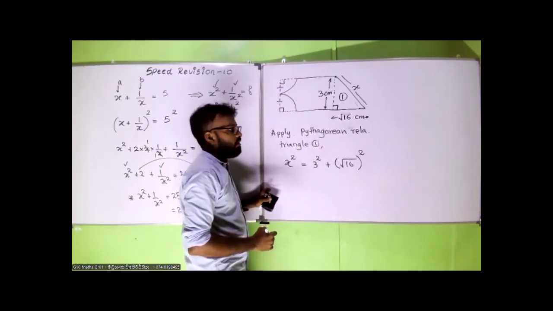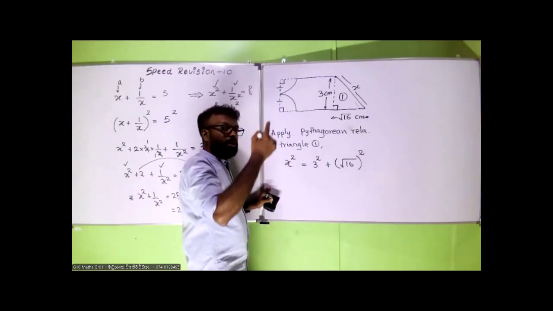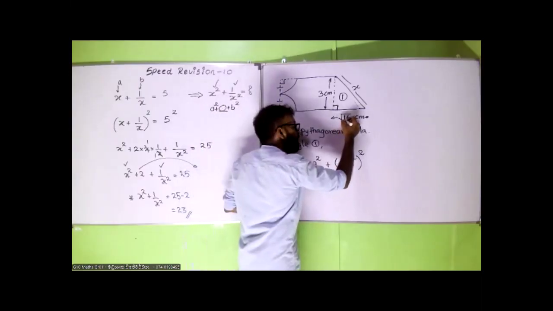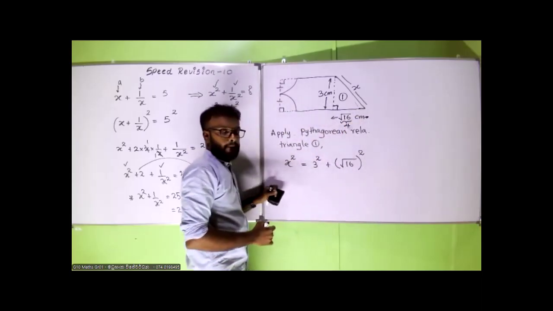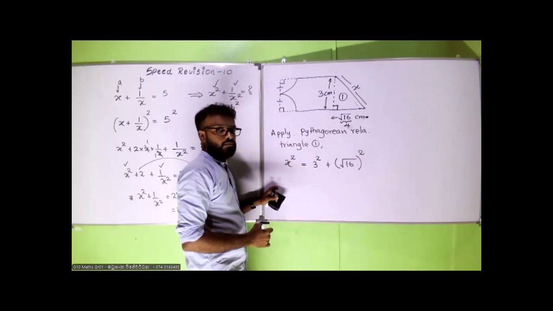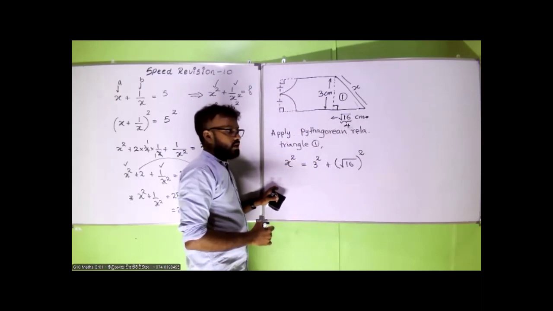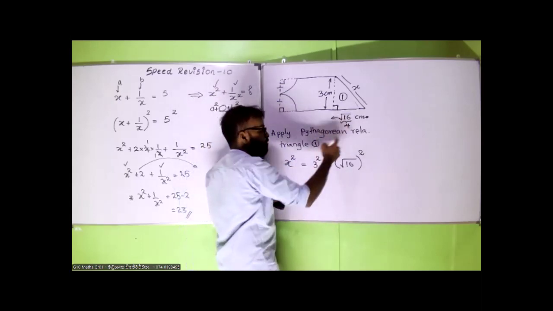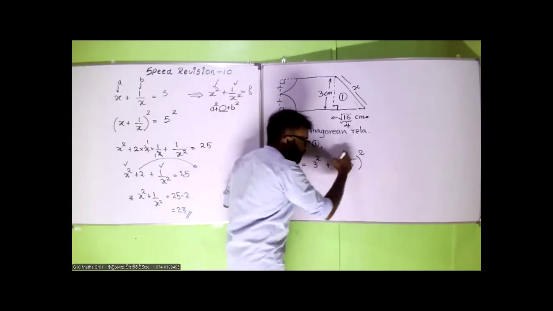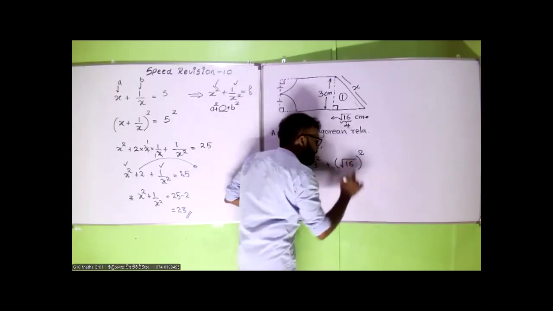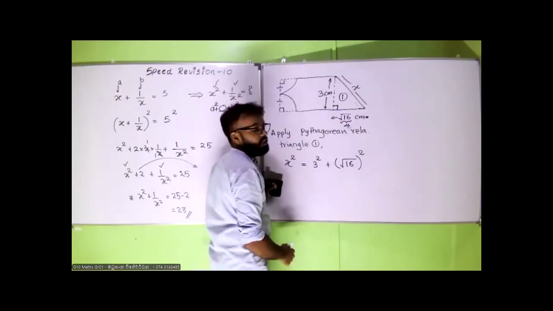The square root of 16 is 4, so it will give you 4 to the power 2, again 16. Square root of 16 to the power 2 means again 16 itself.